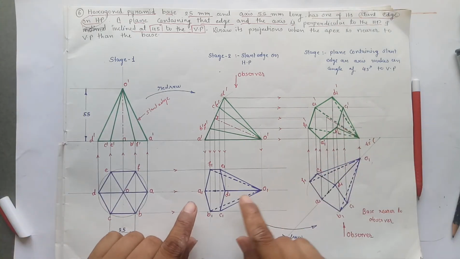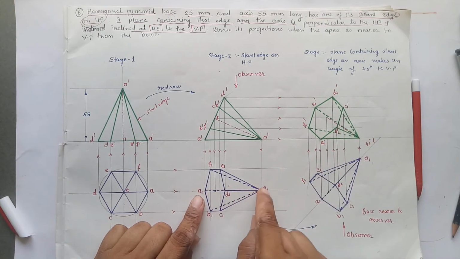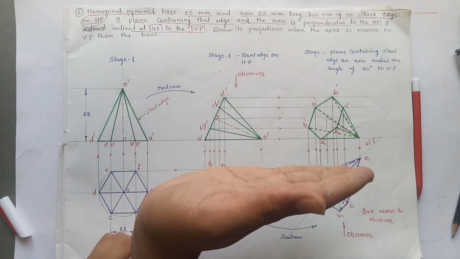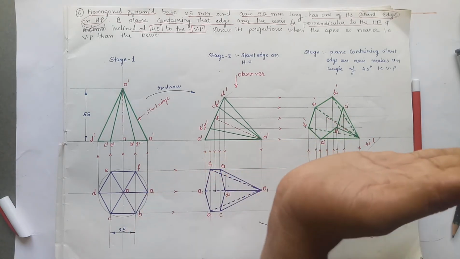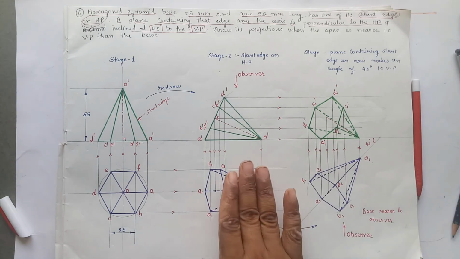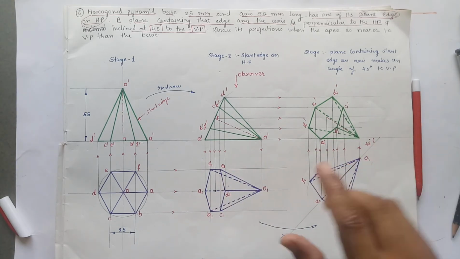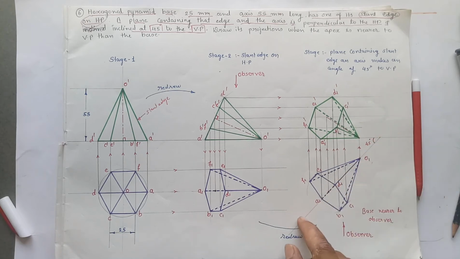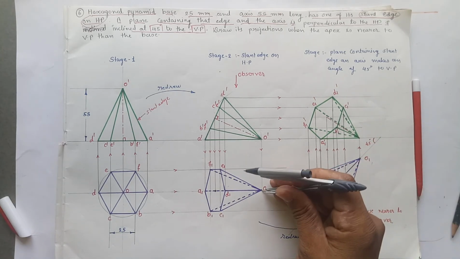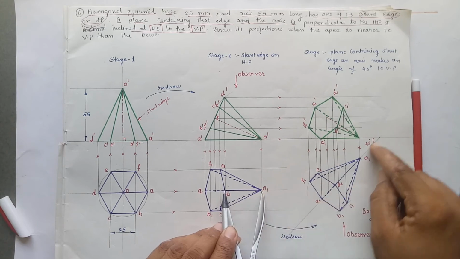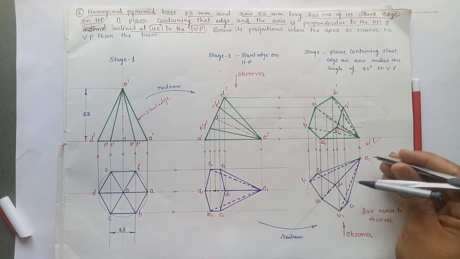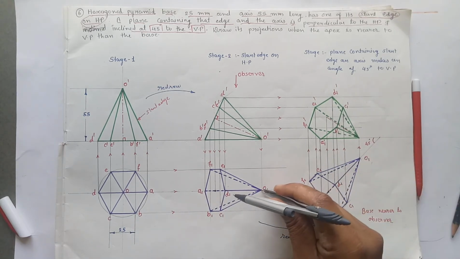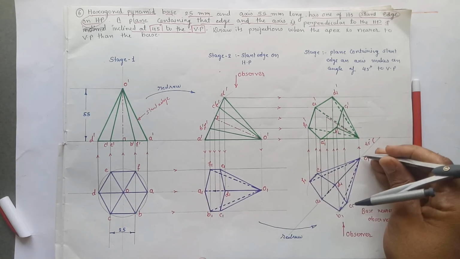So right now the plane is containing O1 A1 and the axis. So O1 A1 and the axis are going to be inclined at an angle of 45 degrees. So copy this figure over here by taking O1 D1 and A1 at an angle of 45 degrees. So measuring O1 D1, draw the angle of 45 degrees, measure O1 D1, mark O1 D1, measure O1 A1, mark O1 A1.